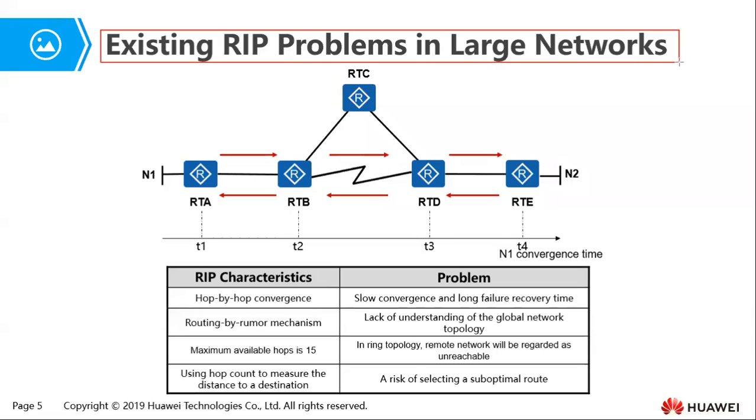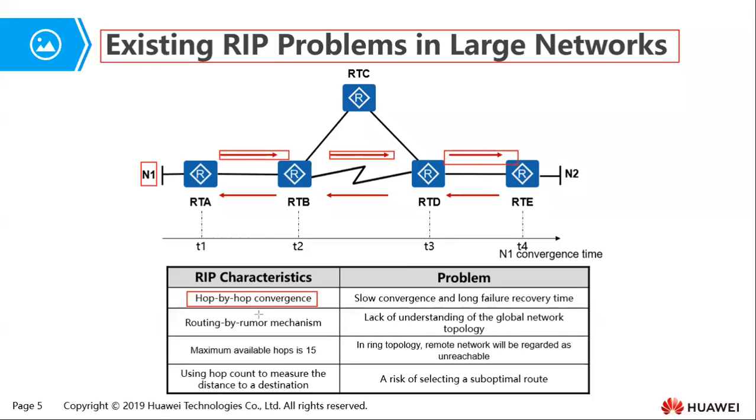One of them is what we call hop by hop convergence. What this means is, if a failure occurs here at N1, RTA is going to alert RTB, then RTB is going to alert RTD, and so on until it gets to RTE.